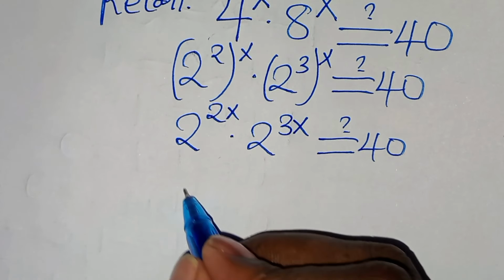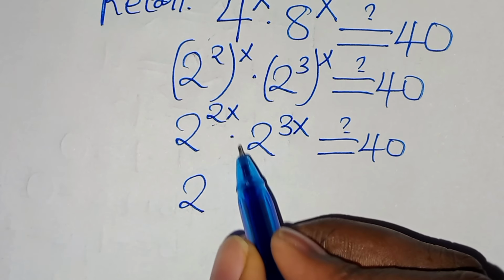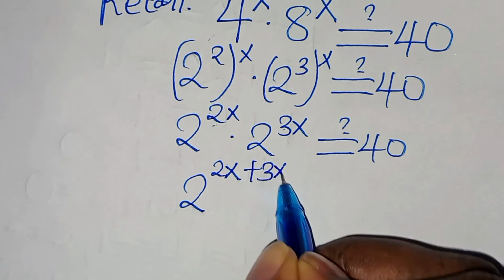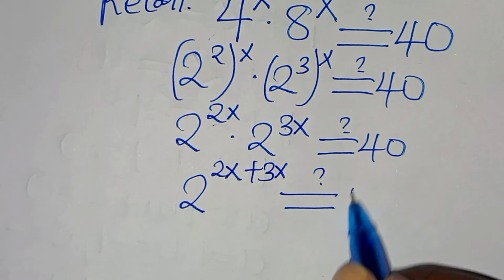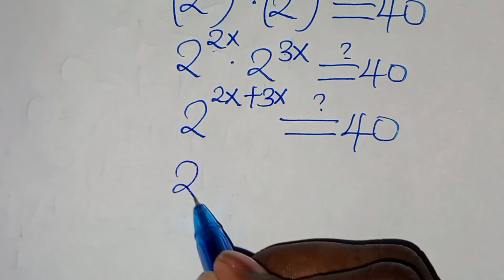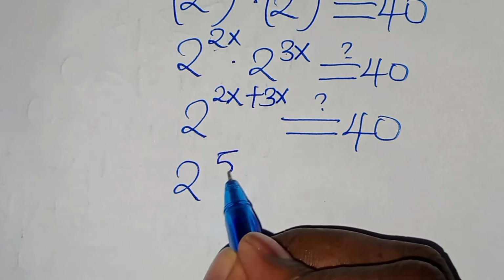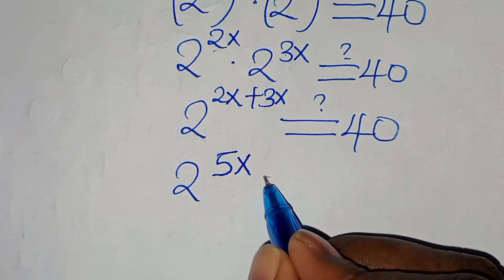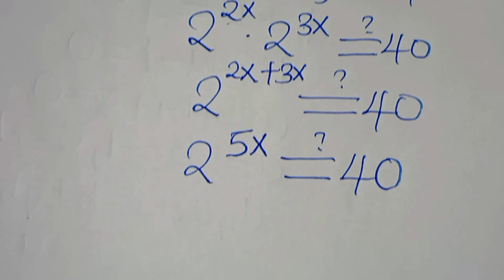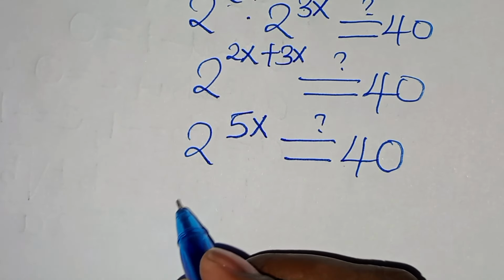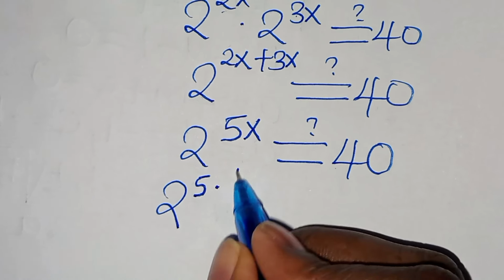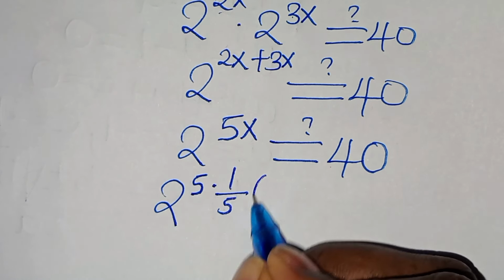Now, this is 2 to the power of 2x plus 3x. This is supposed to give us a value of 40. Now we have 2 to the power of 2x plus 3x. This is 5x. This should give us a value of 40. Now let's substitute the value of x so that we have 2 to the power of 5 multiplied by x, which is 1 over 5, into the parentheses.